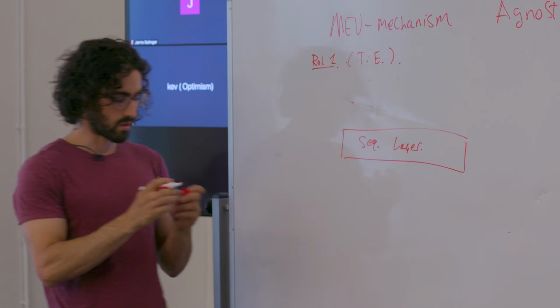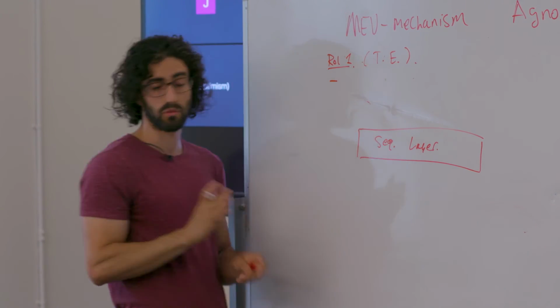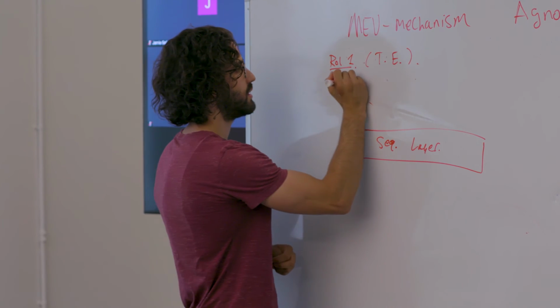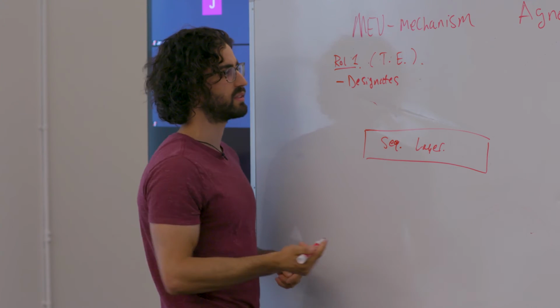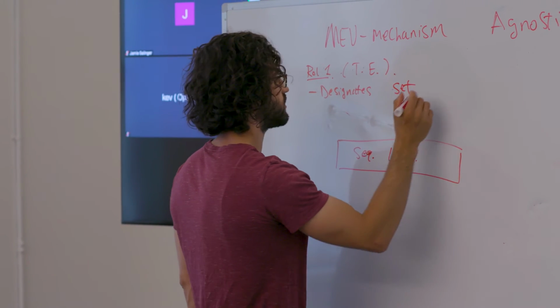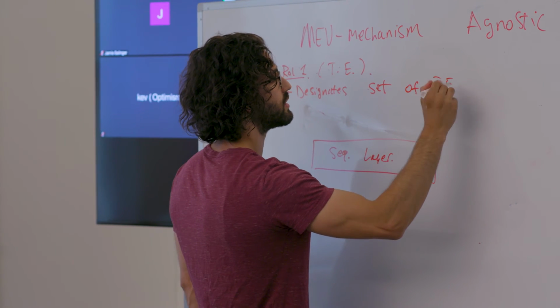So what we talked about is how this rollup 1 could designate its own, and we'll talk about the caveats of this in a moment, its own threshold encryption set. It designates its own set of servers.